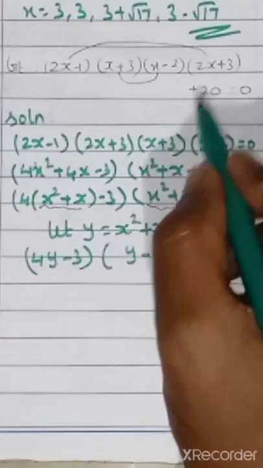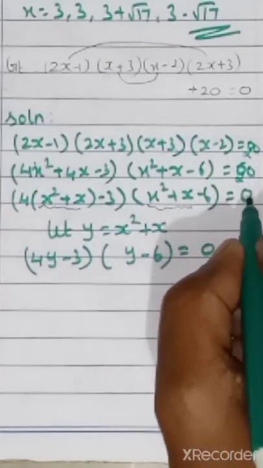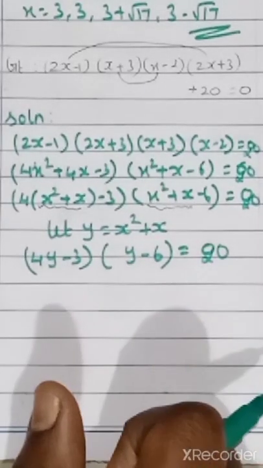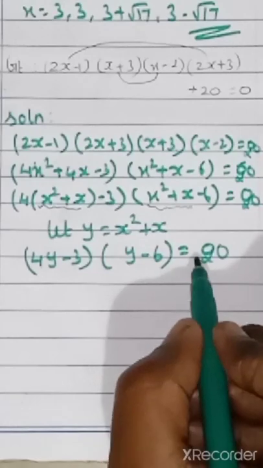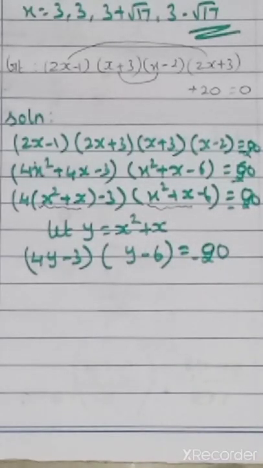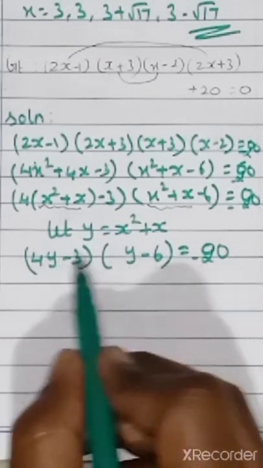Okay, oh sorry, I left this 20. They have given plus 20, so it may be minus 20. Is that okay? Now again we have to multiply these two terms, correct?